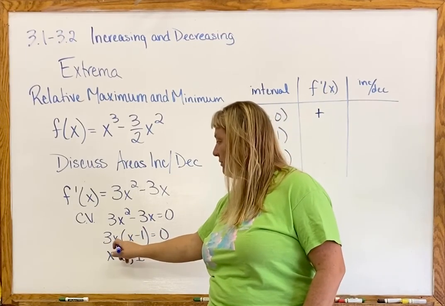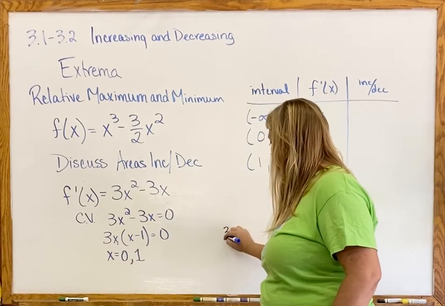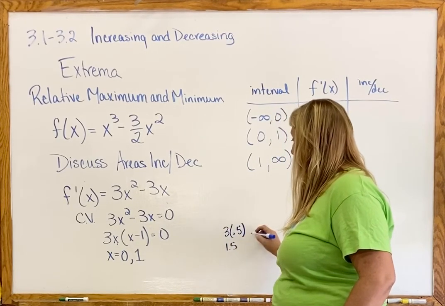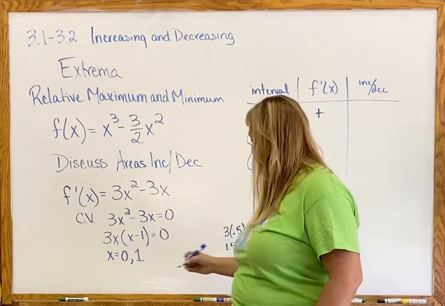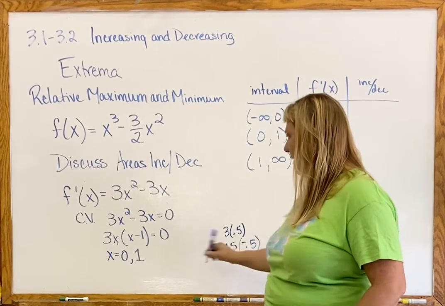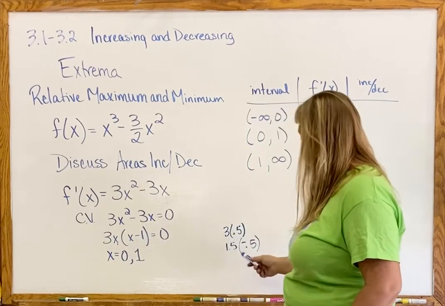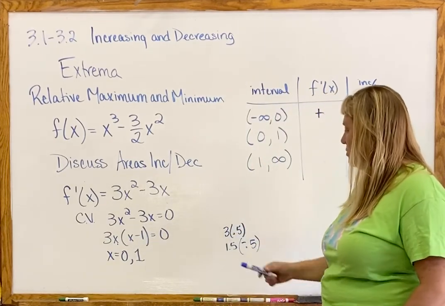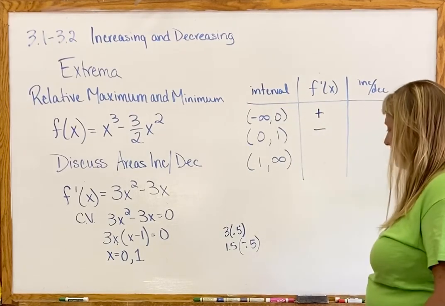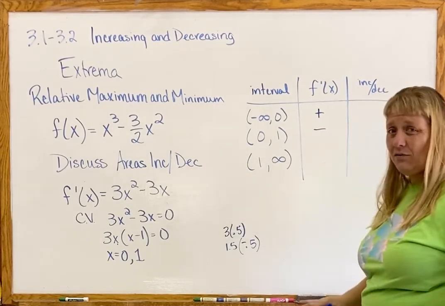If you plug 0.5 in here, 3 times 0.5 is 1.5. And then if we plug in 0.5 here, we're going to be multiplying by negative 0.5, right? 0.5 minus 1. So in the end, when you multiply those two together, we get a negative number, don't we? Remember, you don't need to figure out what these equal.